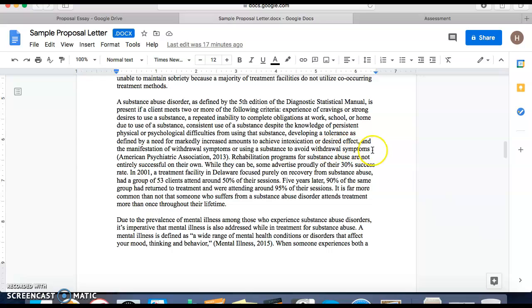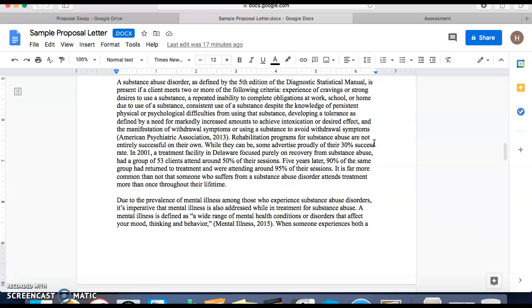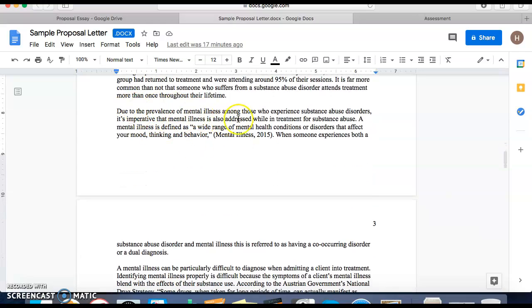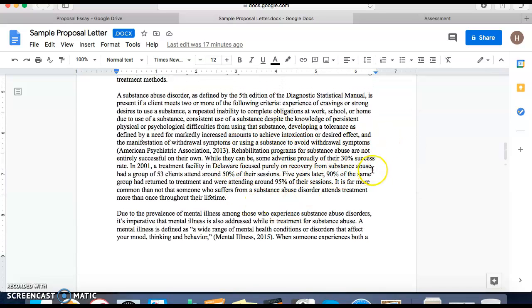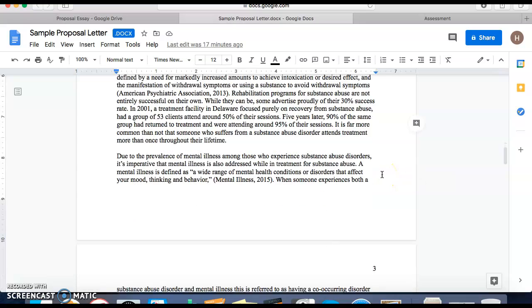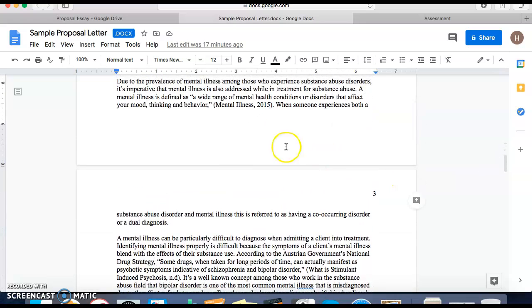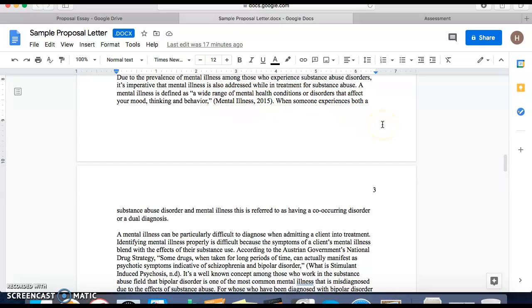So then she moves in to a background information section. She's talking about what is the definition of a substance abuse disorder, what is the prevalence of mental illness among those who use substance abuse disorders. We're citing facts, statistics from different sources that she has found. Again, doing a good job of using in-text citations.